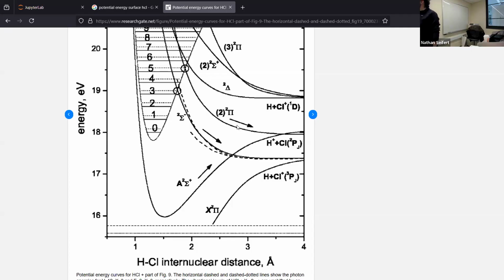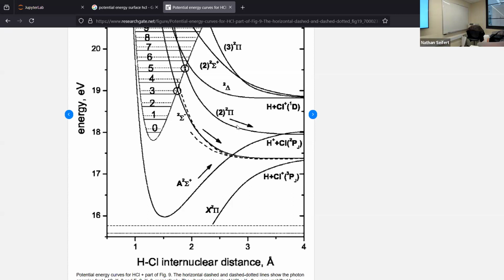When this goes off, you get an H plus and a chlorine atom that's excited in its first excited state. And it's a 2p, where you've excited one of the valence electrons. And so this dissociates into that. Whereas here, very interestingly, the ground state of HCl, you can't see the bottom of it or the top, but it's the same structure.